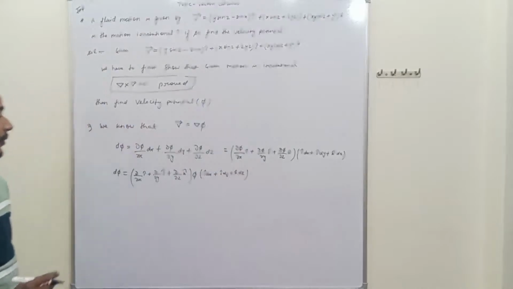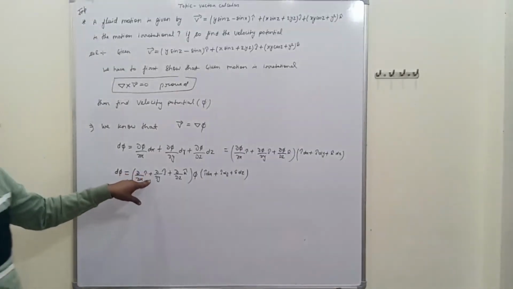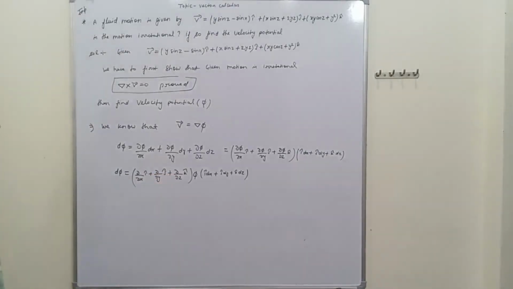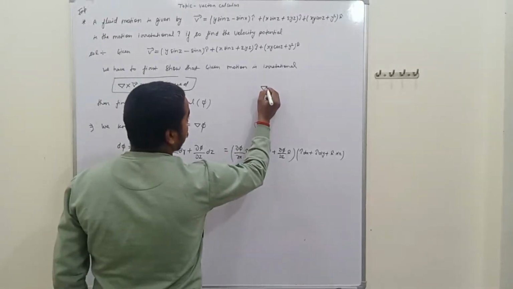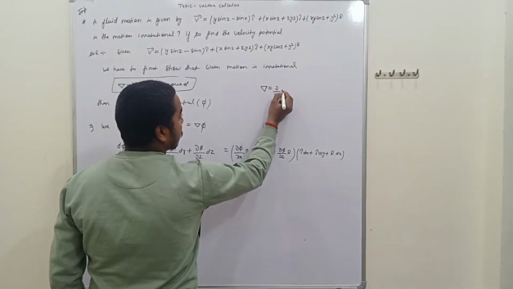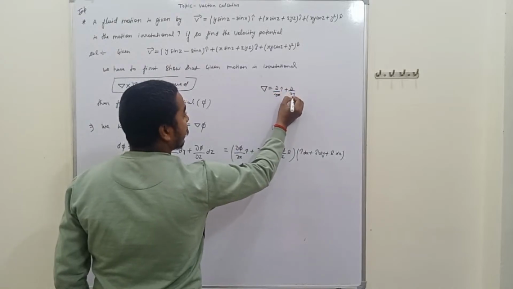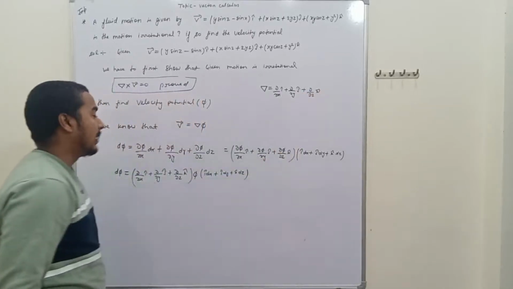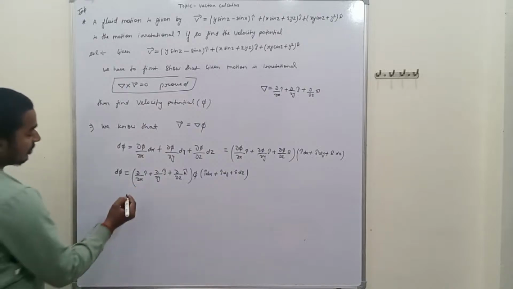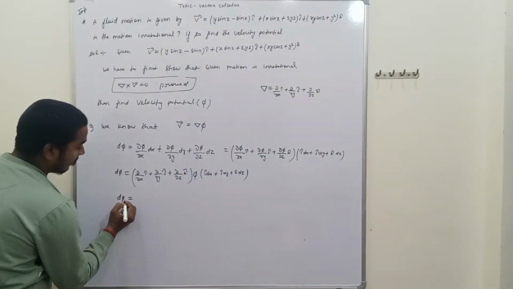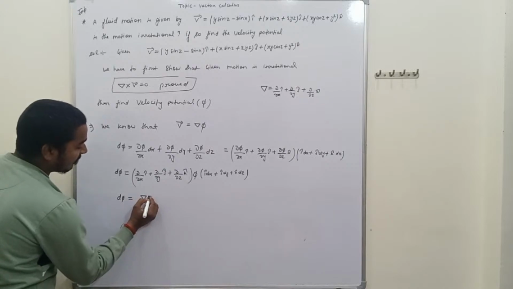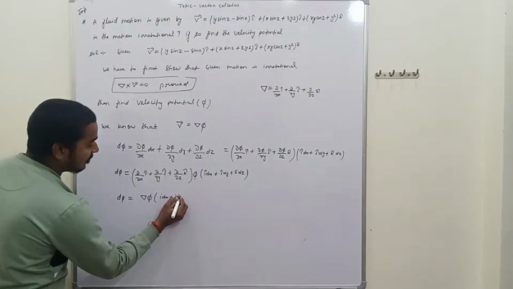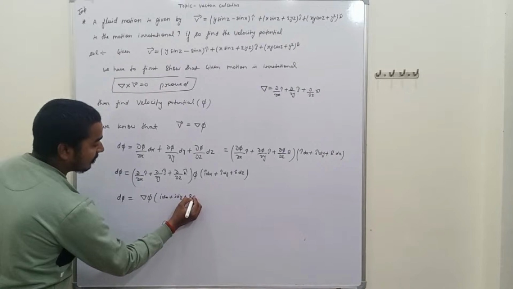And from here we know that del is given by del upon del x i cap plus of del upon del y j cap plus of del upon del z k cap. So we have to write in place of del, that is d phi is equal to del phi, and here is i dx plus of j dy plus of k dz.